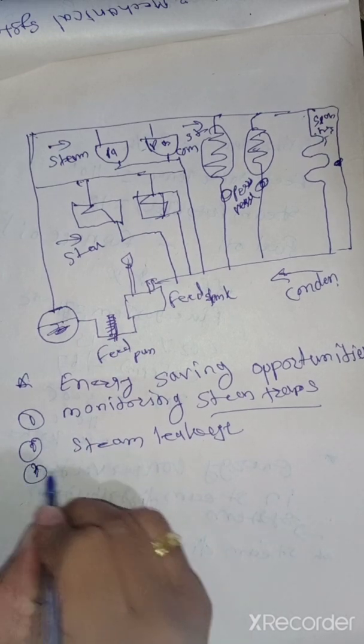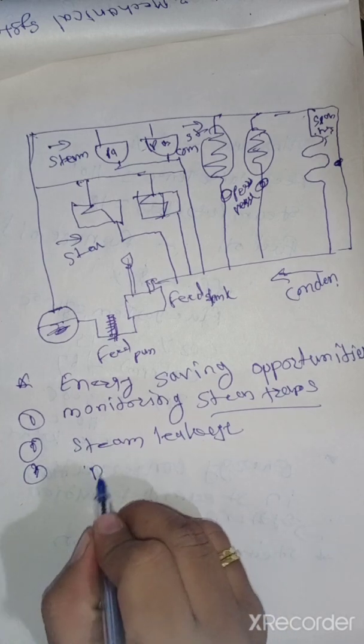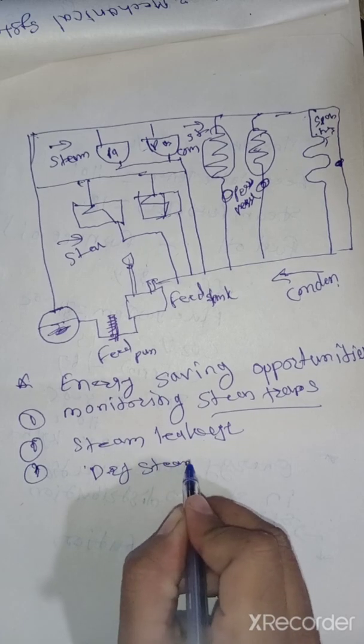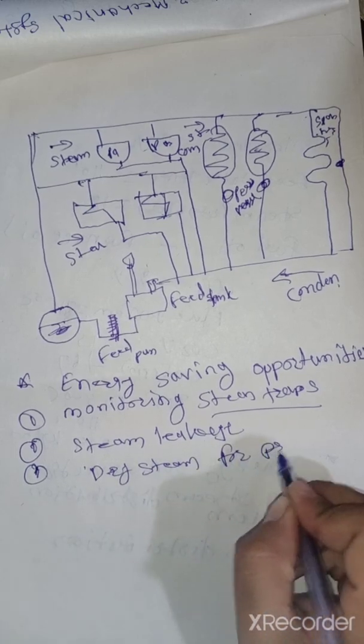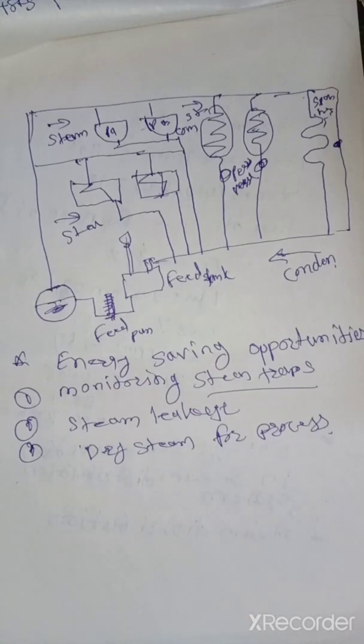Next, providing dry steam for process. It is very important to provide dry steam. Wet steam does not provide much power, so the best steam for industrial process heating is dry saturated steam.